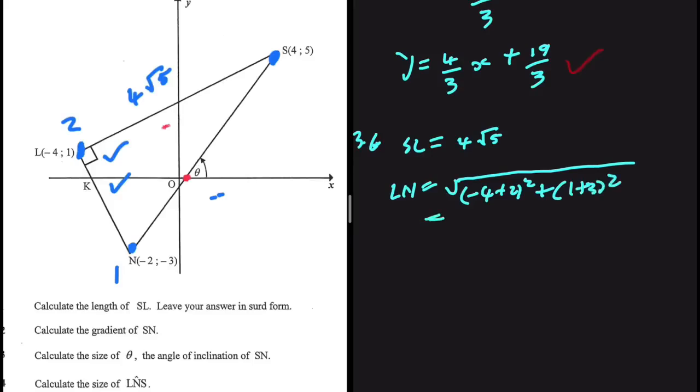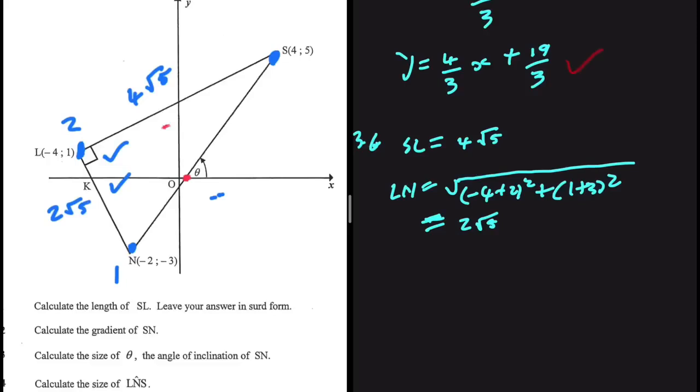Let me put that in my calculator again, just to make sure that I'm not making any silly mistake. I always hate it when the concept is right and I just make a silly mistake. So LN is 2 square root of 5.